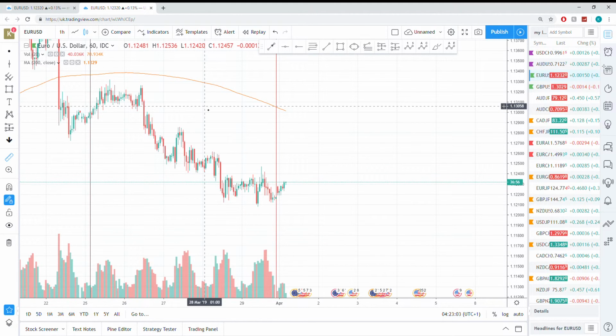Then you would want to back test it, testing it over many different time frames and previous history, until you've got the confidence to then take it to the next level and start making money from it.